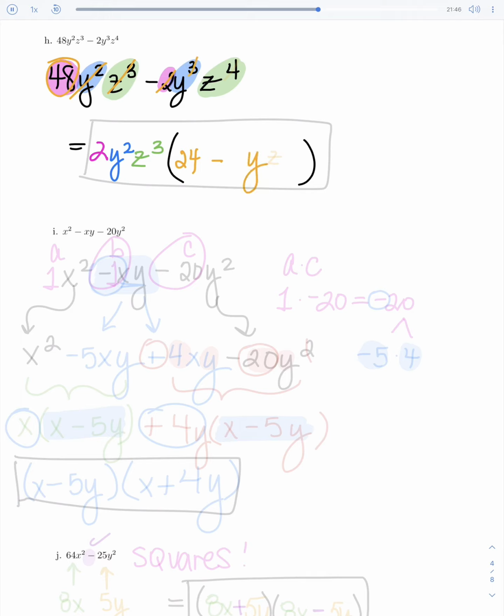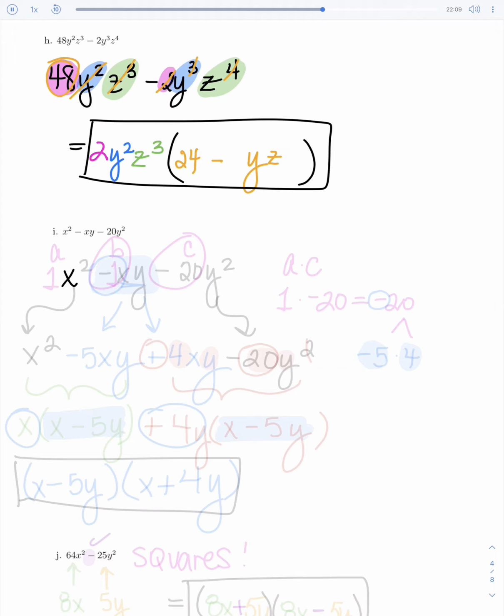Pulling out 3 z's means out of the 4 I'll still have a z left. But that's it. I'll have the 24 from the first piece and the y and 1 z left on the second piece, and that is my final answer. I was able to factor out a 2, 2 y's, and 3 z's. That's my final answer.